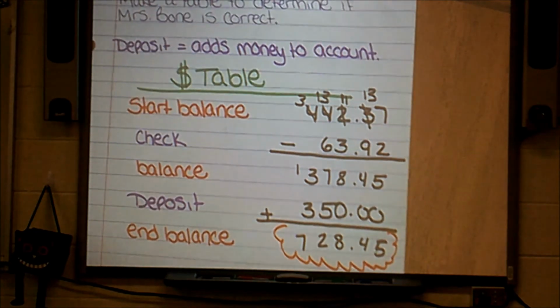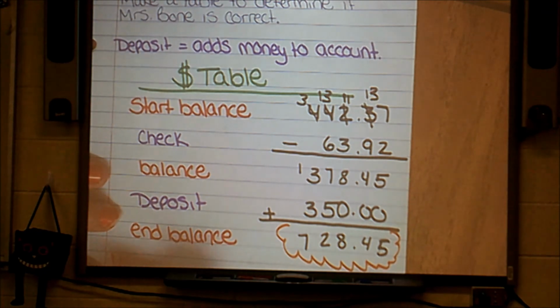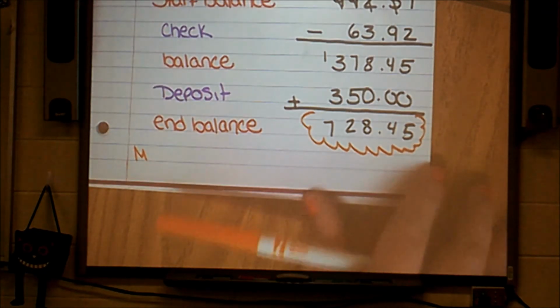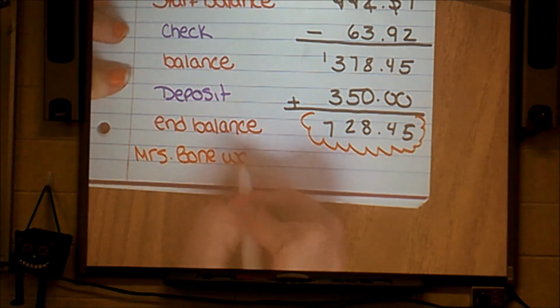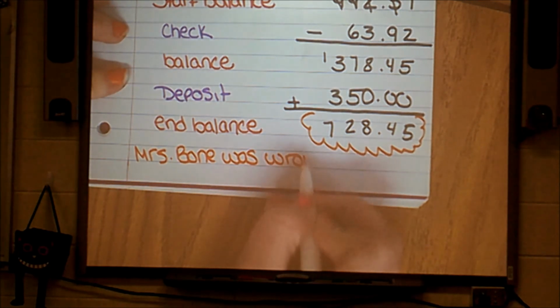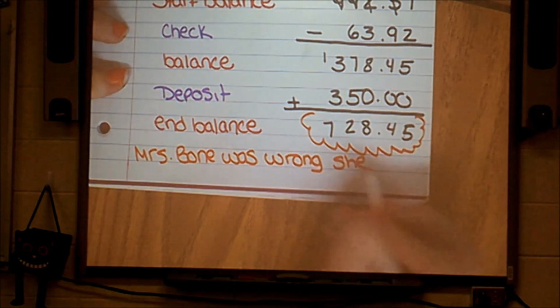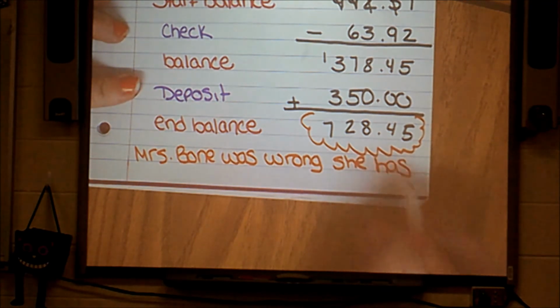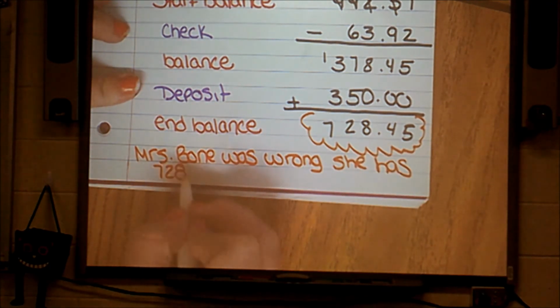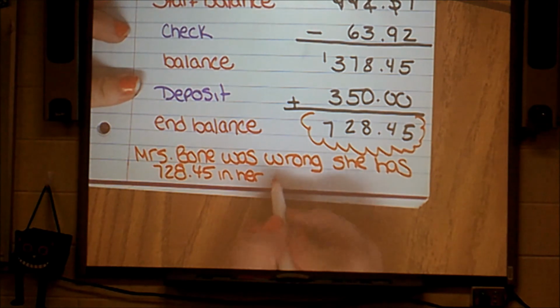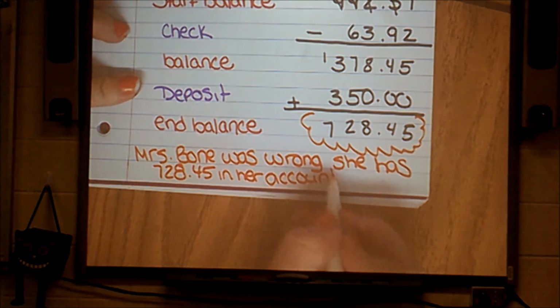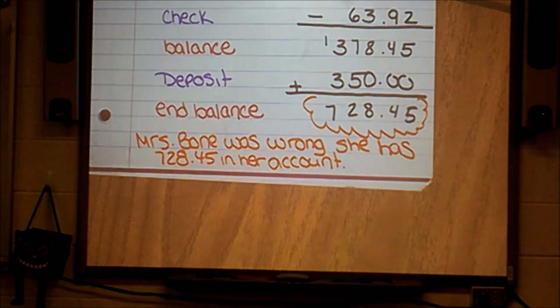Looks like she was off about $1. So I can say Mrs. Bone was wrong. She has $728.45 in her bank account.